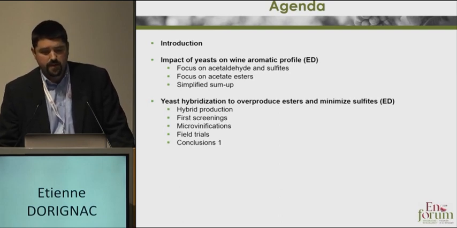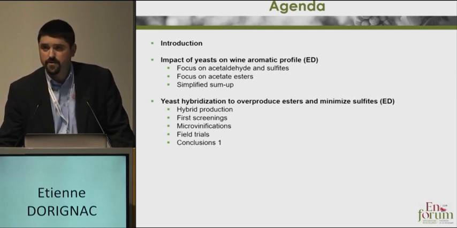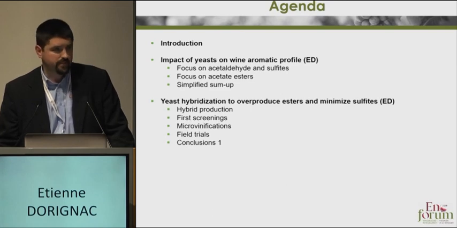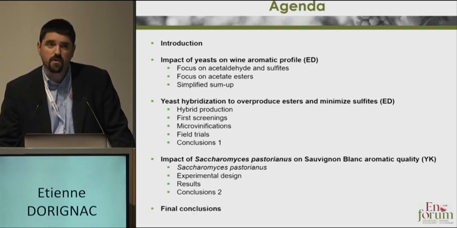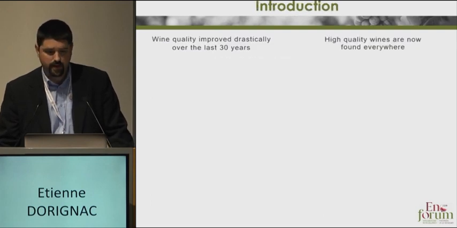I will then talk about yeast hybridization to overproduce esters and minimize sulfites. And then I will let the floor go to Yorgos for the impact of Saccharomyces pastorianus on Sauvignon Blanc, so a new species. And then we will have a final conclusion.